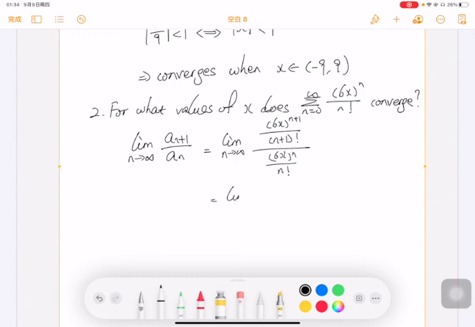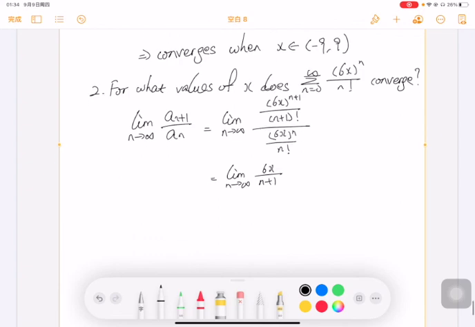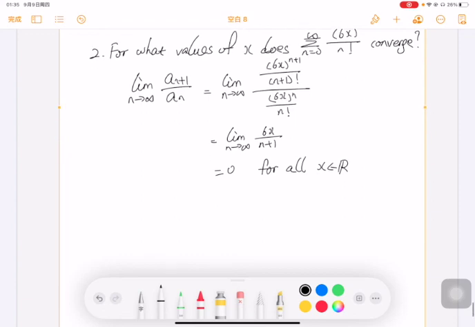And that is 6x divided by n+1. And this equals 0 for all x in R. Therefore, by the limit test, the series converges for all x in R.